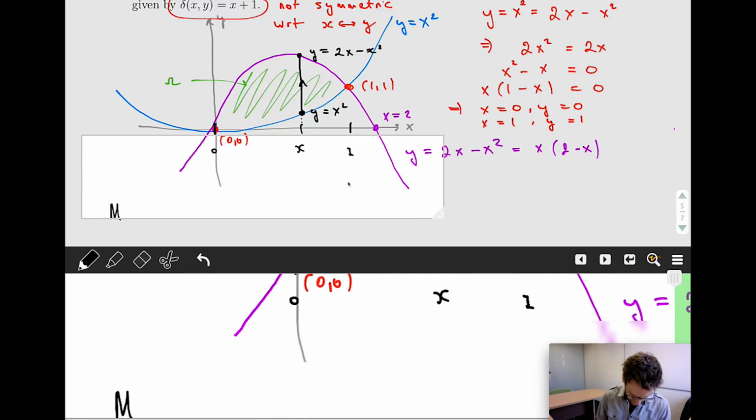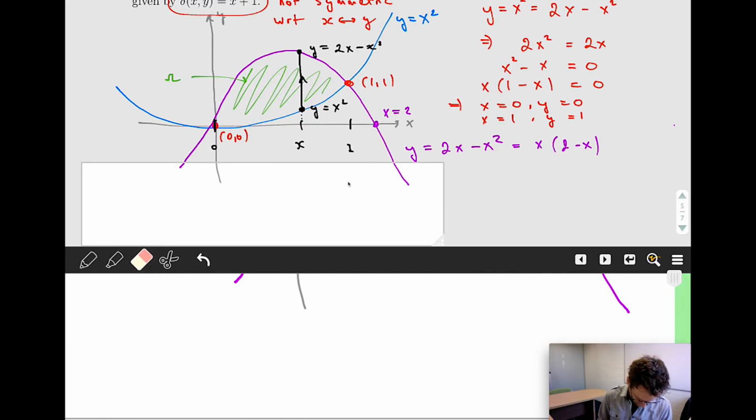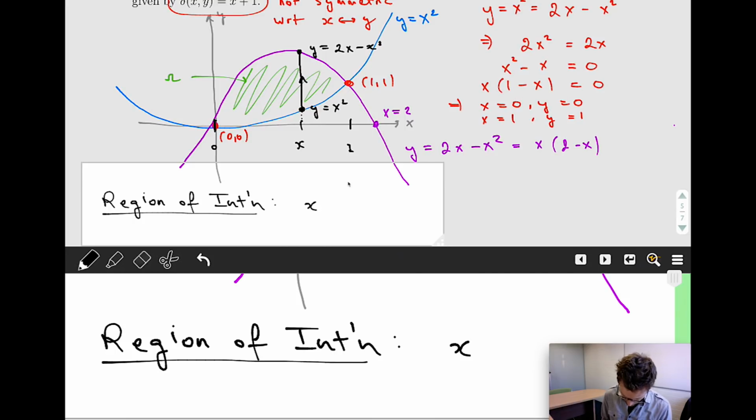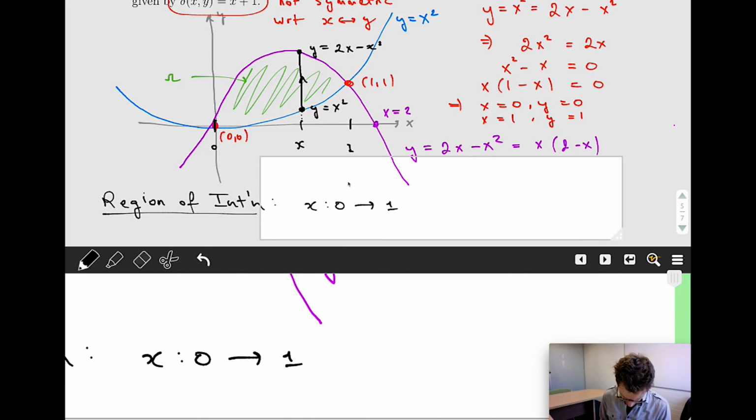So my limits of integration, which define the region, are given by x going between 0 and 1 and y going between x squared and 2x minus x squared.